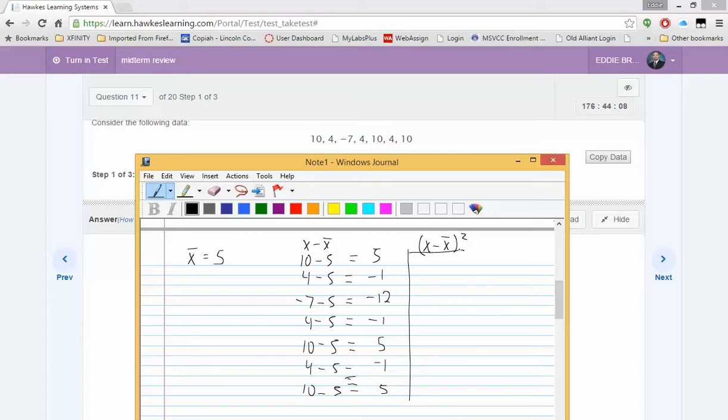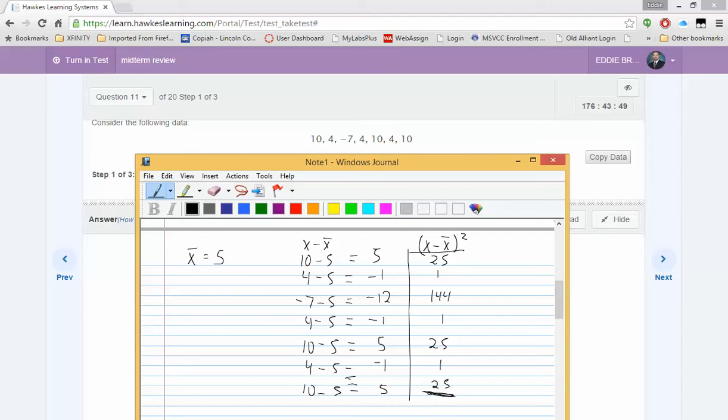So you just square each one of these. So that's 25, negative 1 squared is 1, negative 12 squared is 144, negative 1 squared is 1, 25 again, negative 1 is 1, and 25 again.